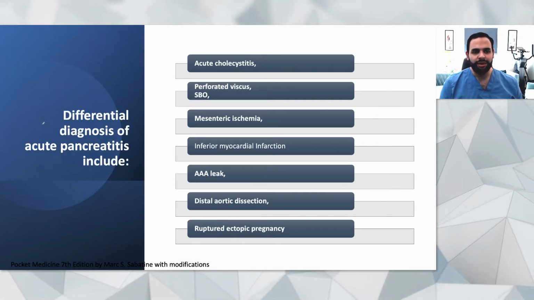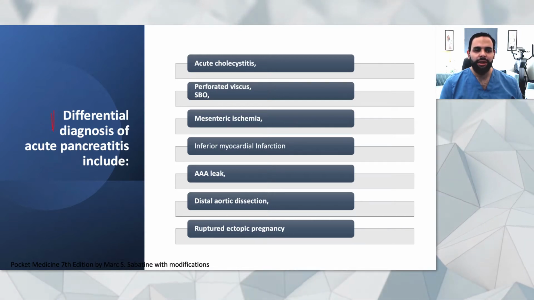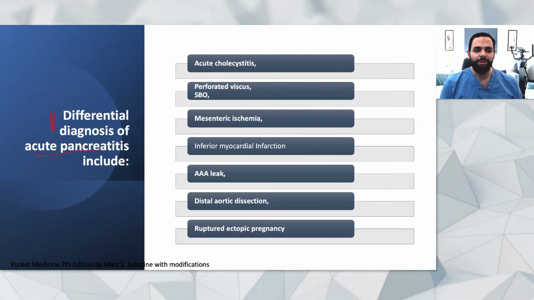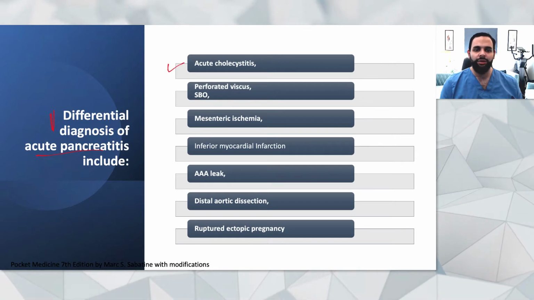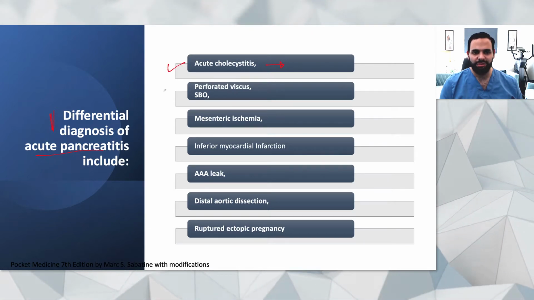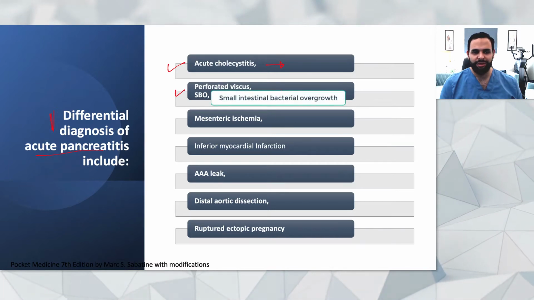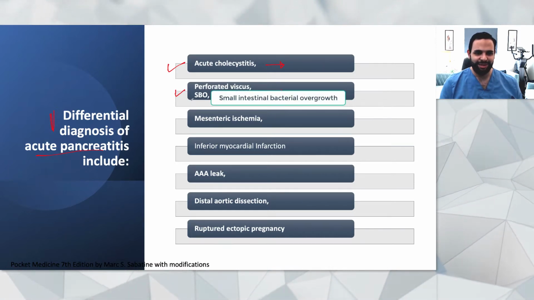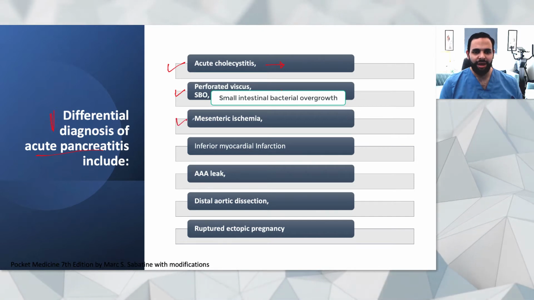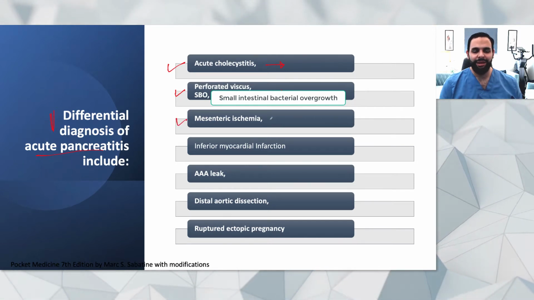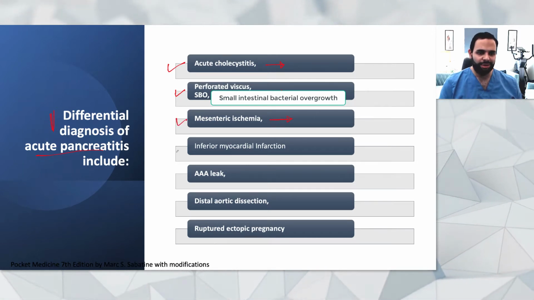Okay, so look at this differential diagnosis. The differential diagnosis of acute pancreatitis includes acute cholecystitis, so that can be a surgical emergency. Perforated viscus, again, medical surgical emergency, and spontaneous bacterial overgrowth. Mesenteric ischemia, again, interventional or surgical emergency.